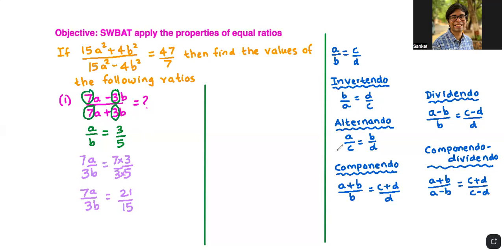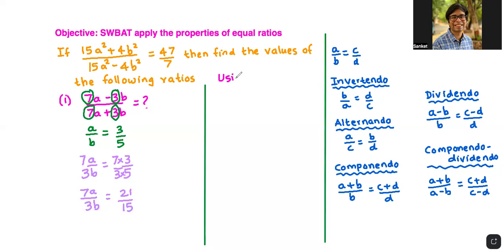Now this seems like a componendo dividendo, except that in componendo dividendo, the numerator has addition, denominator has subtraction. Here there is subtraction in the numerator, addition in the denominator, but let's still apply componendo dividendo.